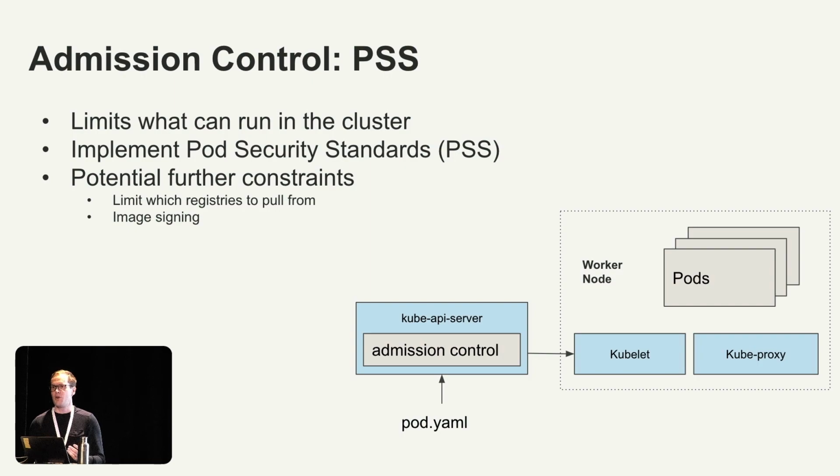The second part of the equation is the admission controller, and it's limiting what is allowed into the cluster in terms of these low-level Linux settings. You could make your own custom policies, going through each setting and seeing what should be allowed.